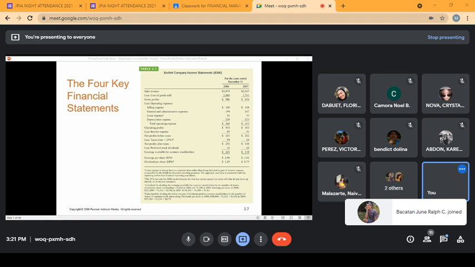The management itself really wants to have a financial analysis in order to understand the financial condition and performance of the entity.